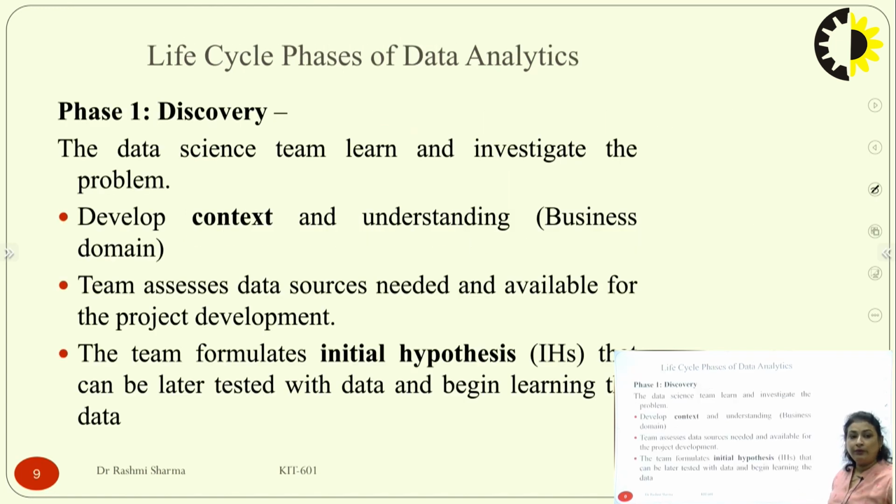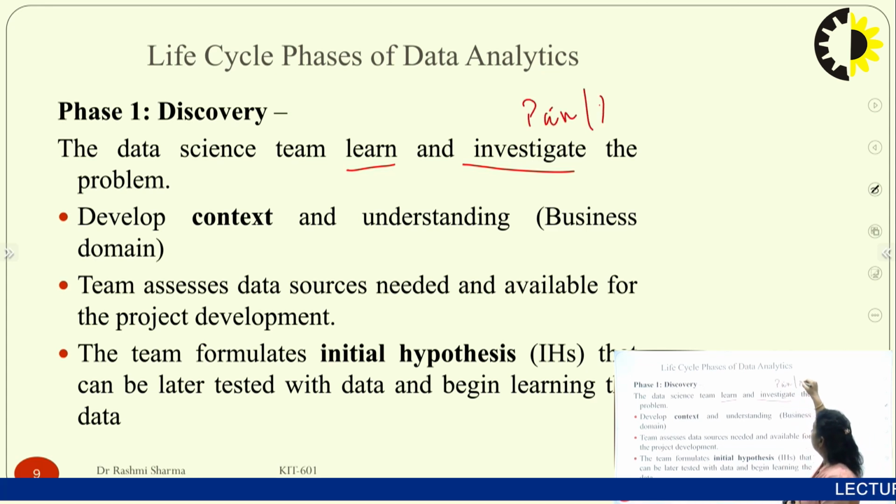Coming to the 6 phases, we will look into what these phases imply and how we would be doing them. So first is the discovery. Definitely the data science team learns and investigates the problem. First of all, we should know what the pain point is, or where there is a lacking in the system.